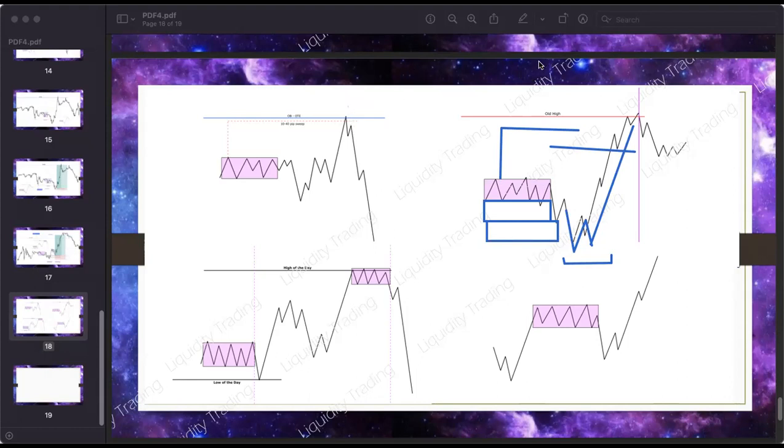Yeah, so 7 o'clock, 11 o'clock, that's pretty much something that will always determine the direction and the pattern for you.